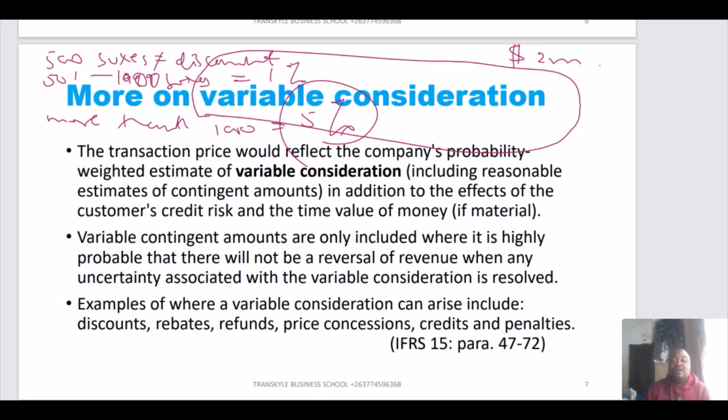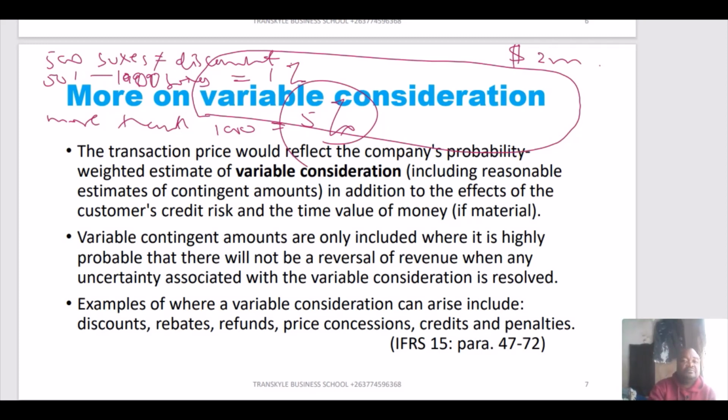Sometimes we might say a customer procures equipment for mining, because our country is a mining rich country. So if a company is importing heavy duty mining equipment, then they are likely to be given some rebates. Those rebates are going to lead to the scenario of variable consideration.